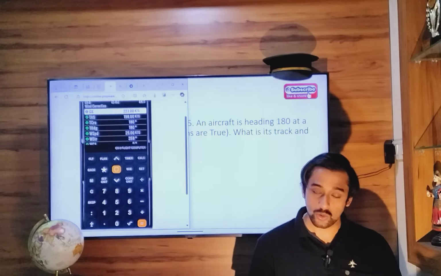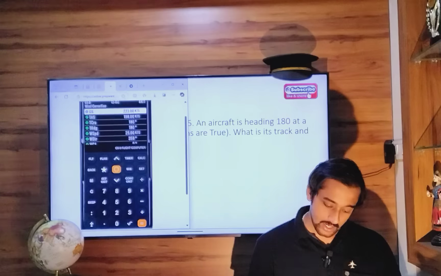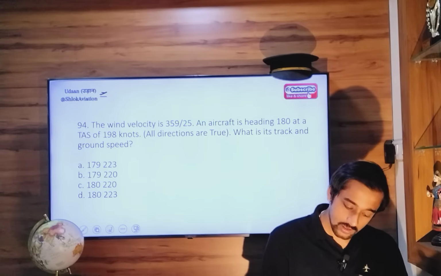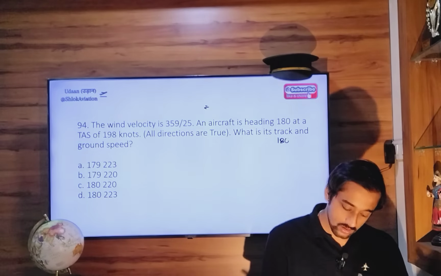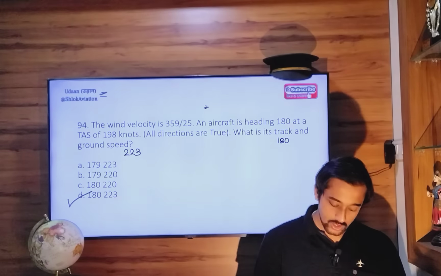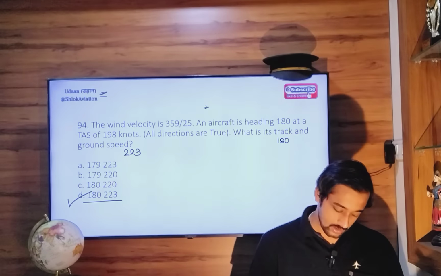So ground speed is 223 and track is 180, and ground speed is 223. So option D is the correct answer.